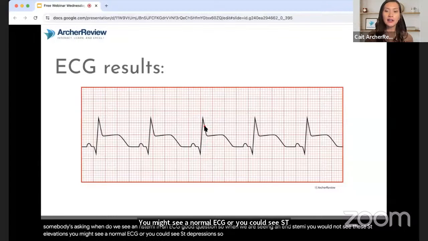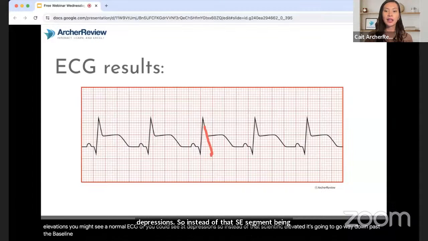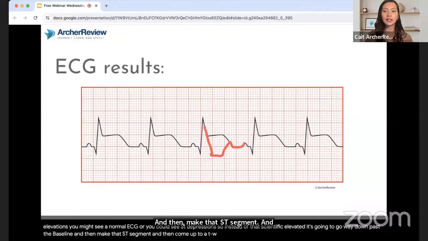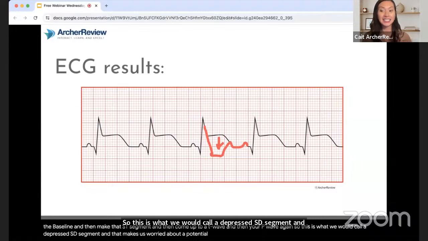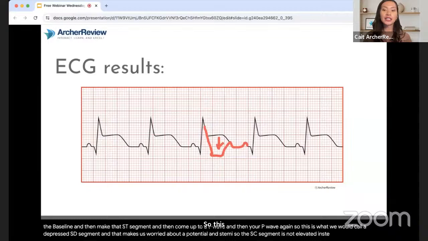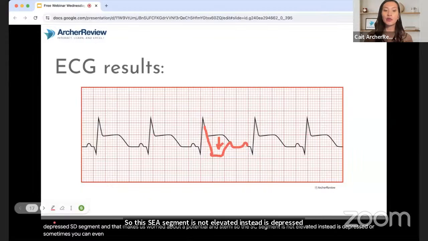So instead of that ST segment being elevated, it's going to go way down past the baseline and then make that ST segment and then come up to a T wave and then your P wave again. So this is what we would call a depressed ST segment, and that makes us worried about a potential NSTEMI. So this ST segment is not elevated, instead is depressed, or sometimes you can even see T wave inversion.